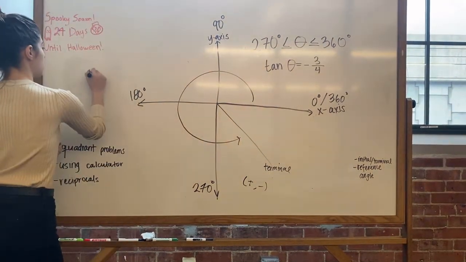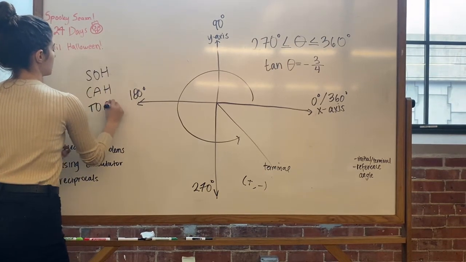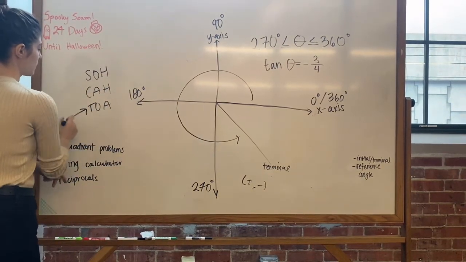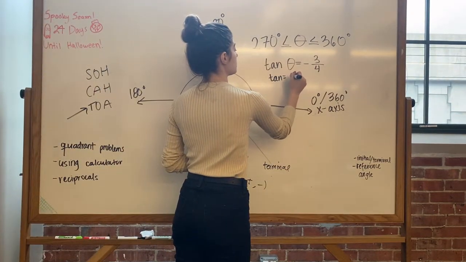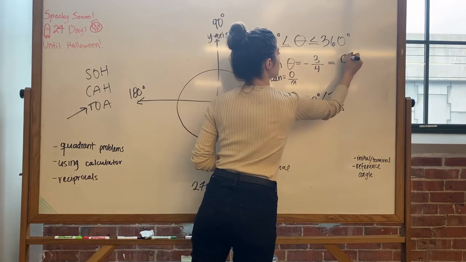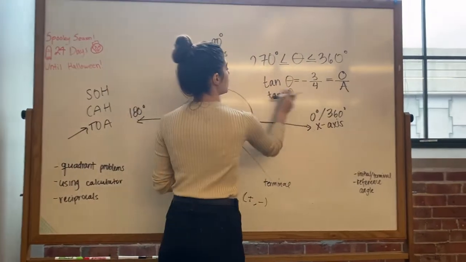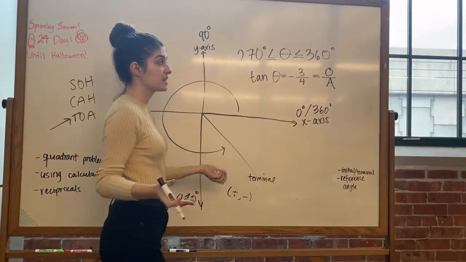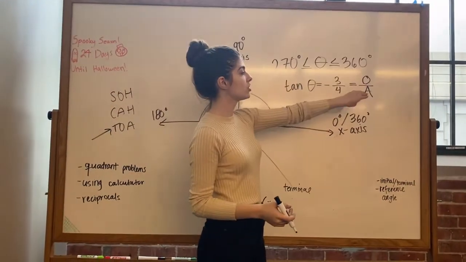Well, we know SOHCAHTOA, right? So our tangent is our opposite over our adjacent. Let me write this over here so that you can see a little clearer. Opposite over adjacent, okay? Which means, pretty simply, that our opposite side is 3, and then our adjacent side is 4.